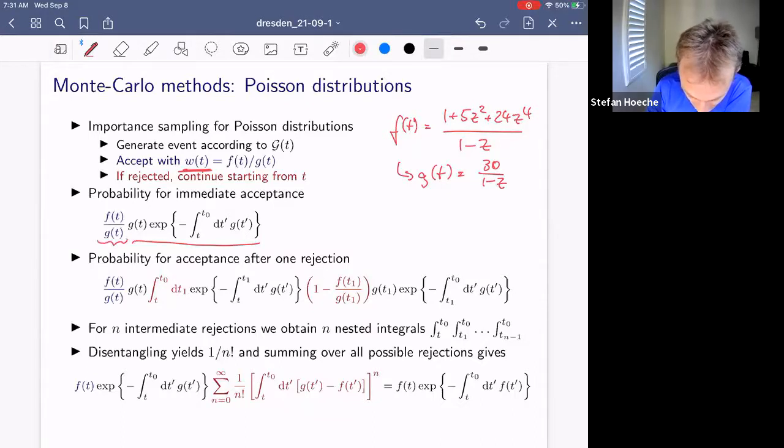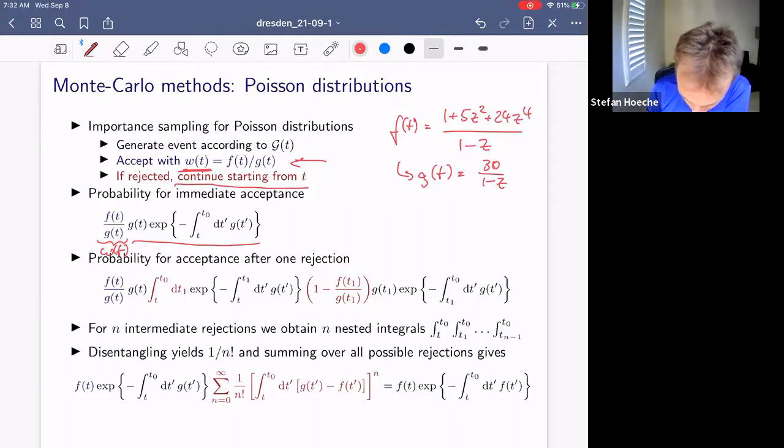Then if you accept your event in the first step, you essentially get that factor w of t, which is kind of the accept probability from up here, and you're done. But it could also be that you reject your event, and the difference compared to a standard hit or miss is that you don't discard the event as a whole, but you continue starting from the present t.